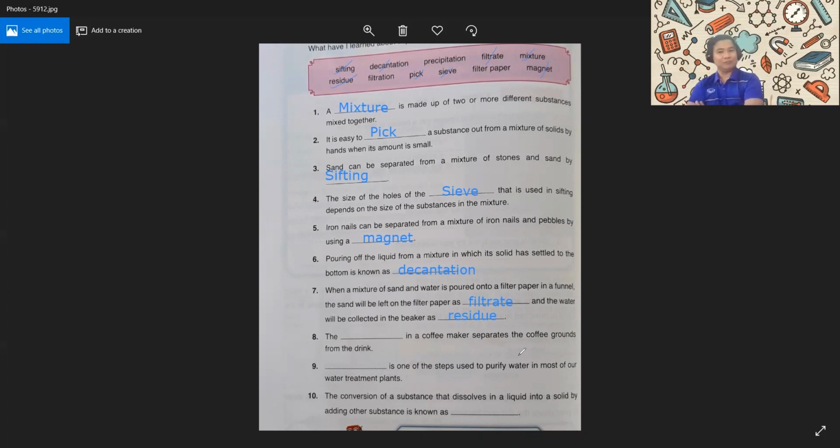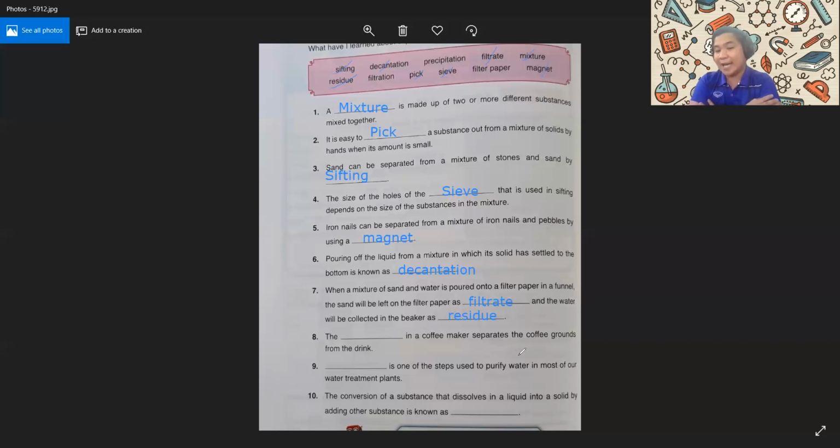Number 8, the blank in a coffee maker separates the coffee grounds from the drink. Oh, what do you call that? That separation technique when you pour the ground coffee onto the coffee maker. What separation technique do you think it is? It is the filtration. However, we already answered filtration.